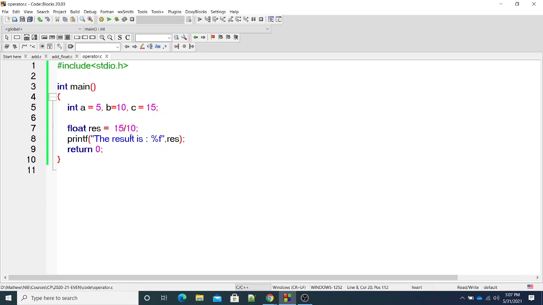So instead of 1.5, that 0.5 is discarded, and we are assigning it to a float. Now when it is 10.0, one operand is of higher grade, so the result will be of that higher grade data type, floating point. So the 1.5 value is retained. The RHS is evaluated to 1.5, that is stored here and that is displayed.